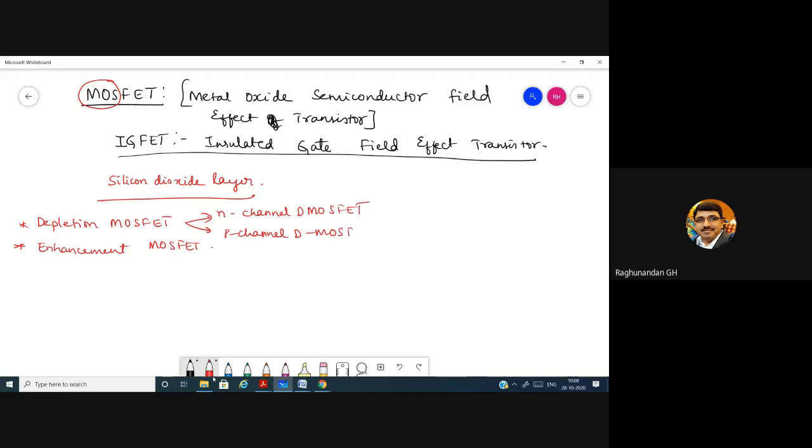Here also we have N channel E MOSFET and P channel E MOSFET. These are the different types we have. First, we'll study the depletion MOSFET, the N channel D MOSFET.